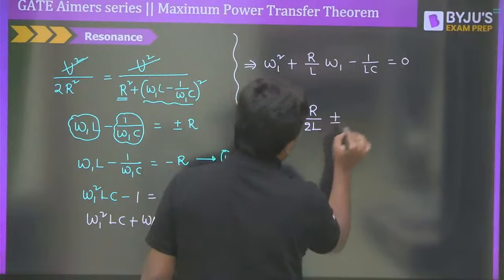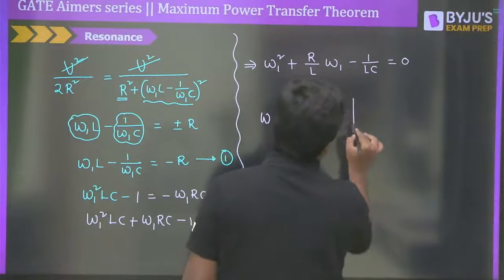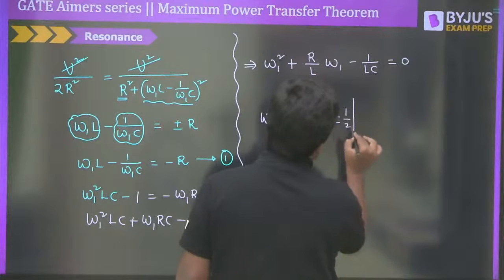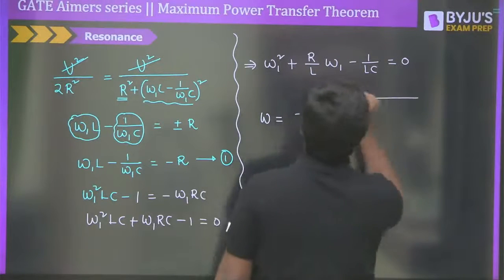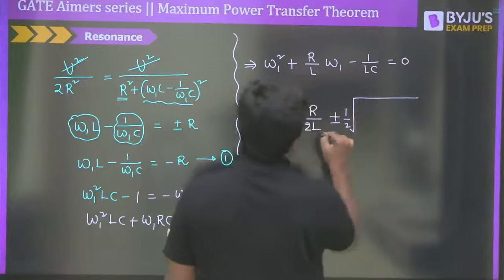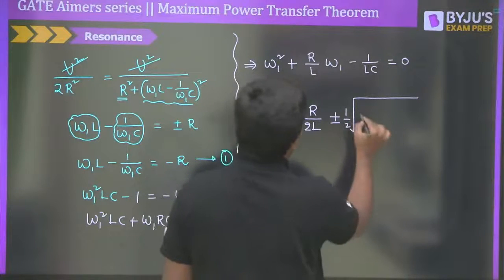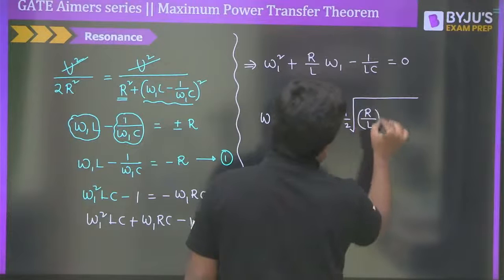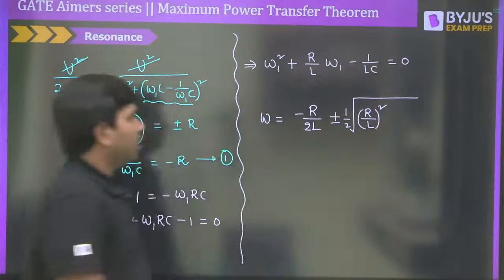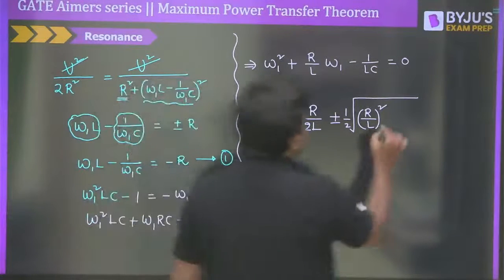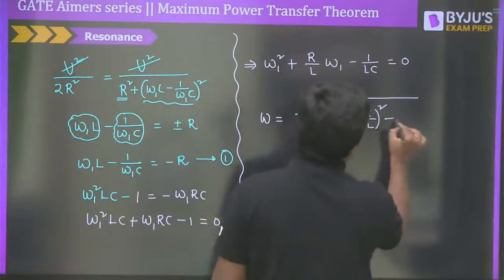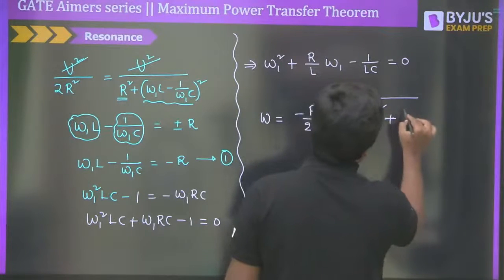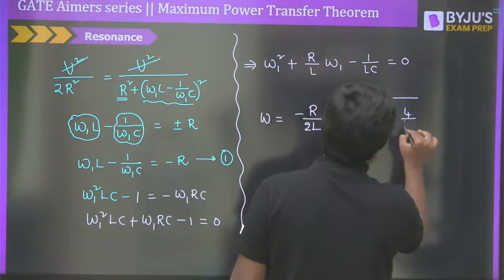Plus or minus under root of, here 1 by 2 will be there first of all, under root of B square minus 4AC. That means R divided by L whole square minus 4AC. So it will be minus of minus, plus 4 divided by LC here.